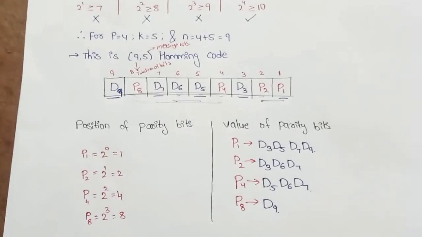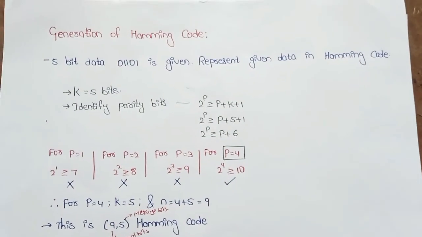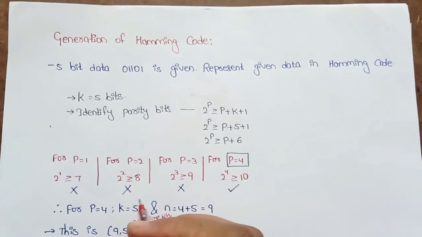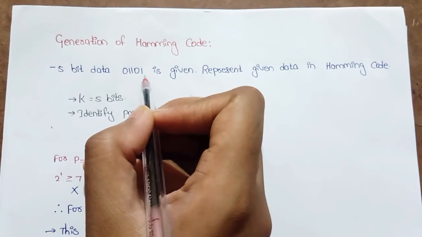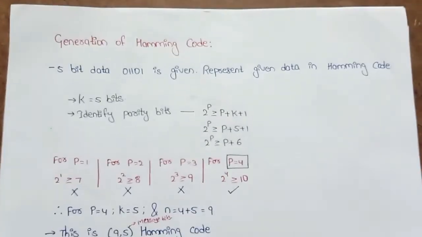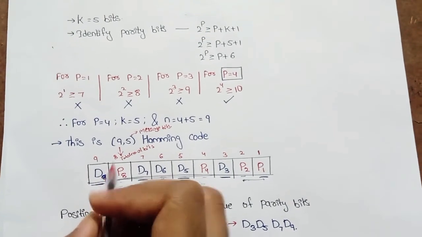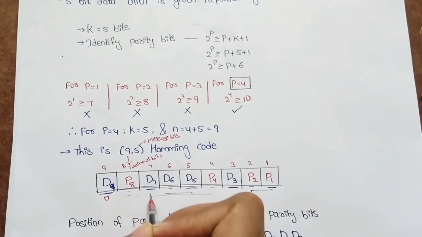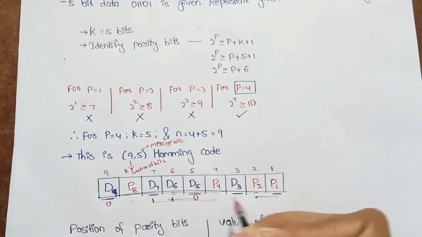Now, if you see our question, in our question, you can see our message data bits are 0, 1, 1, 0, 1. So I am writing it over here: 0, 1, 1, 0, 1.